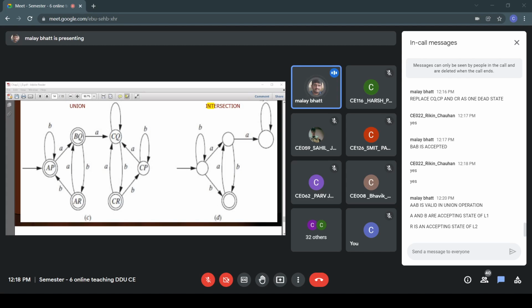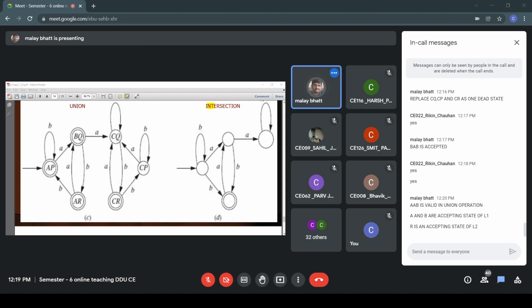So you can see the only difference is that if you go for the union operation, the number of accepting states will be more, because if any one of the states is an accepting state, then it will be an accepting state of the union operation.